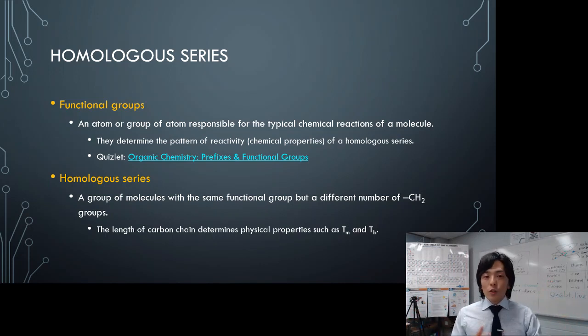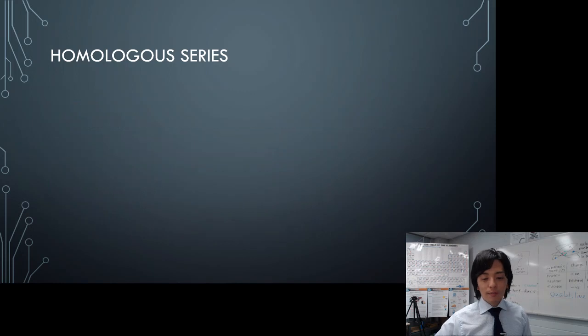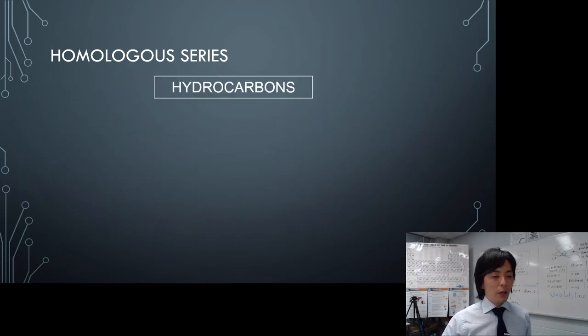Now, the homologous series is like a family. Someone with glasses could be family, but they could come in different weight, different mass or size. But they're all wearing glasses.